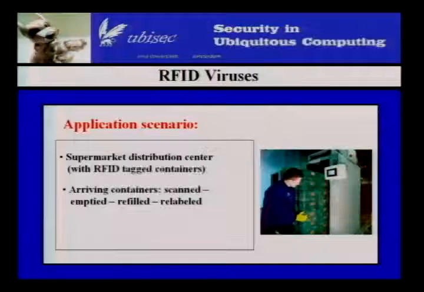You're probably going to wash out the container, clean it, and fill it with something new. This might be jars of applesauce. Then you write to the tag again that this container now contains applesauce. It doesn't contain apples anymore. And then the container, because it's reusable, goes on its way to the supermarket at the end of the distribution chain, and everything's happy.